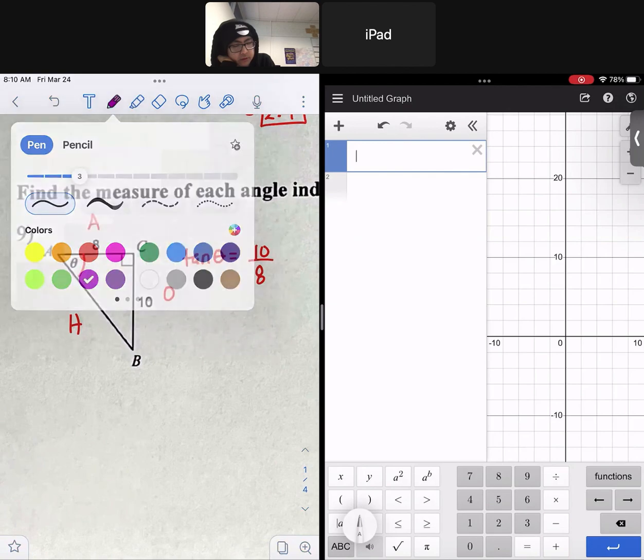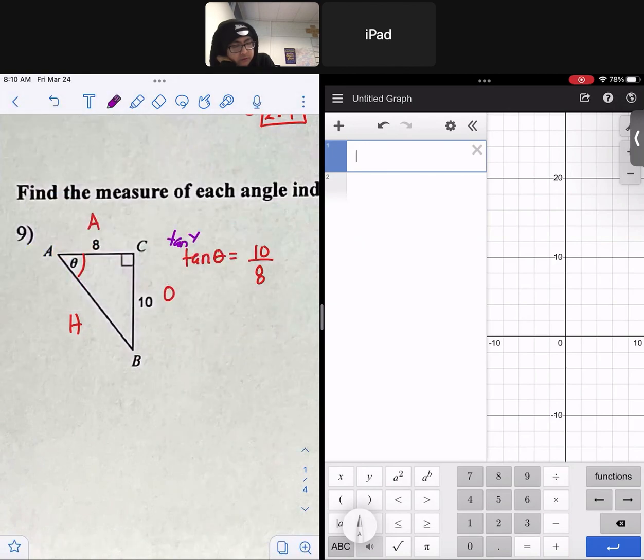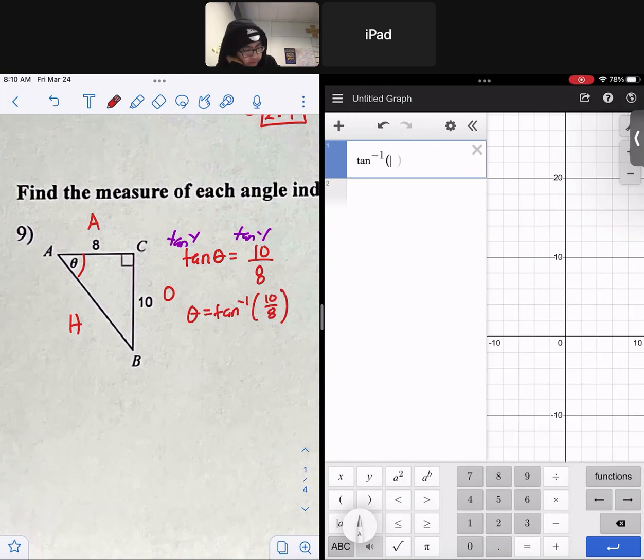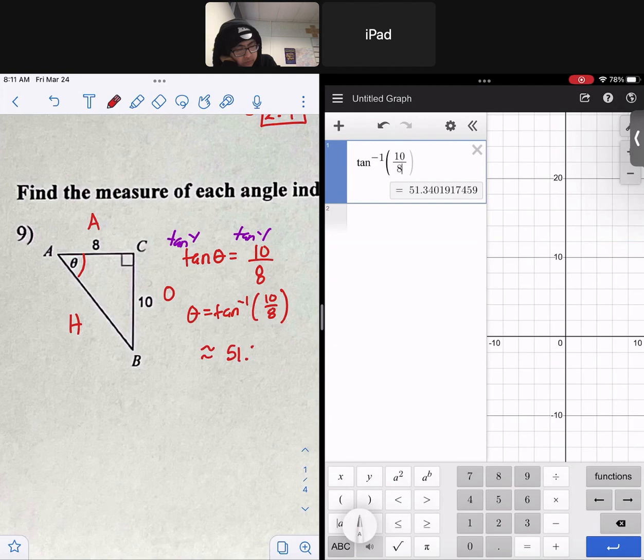So this is where you guys gotta do tan inverse to both sides. Theta equals tan inverse of 10 over 8. Put this in our calculator. So functions, you guys, tan inverse 10 divided by 8. Round it to the nearest tenth. 51.3 degrees.